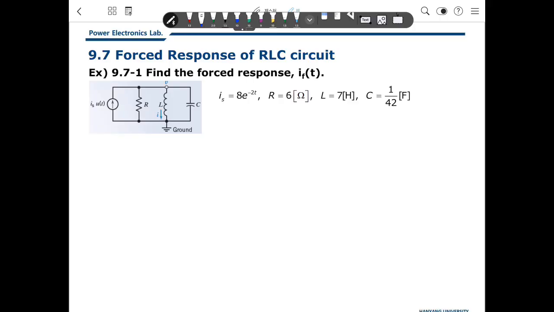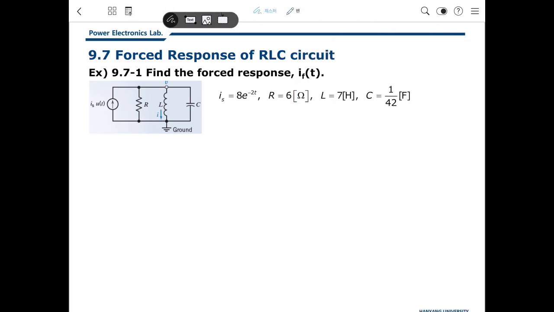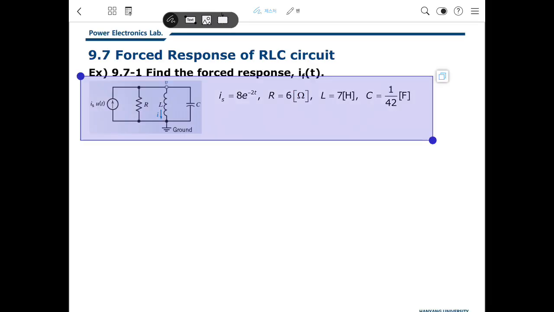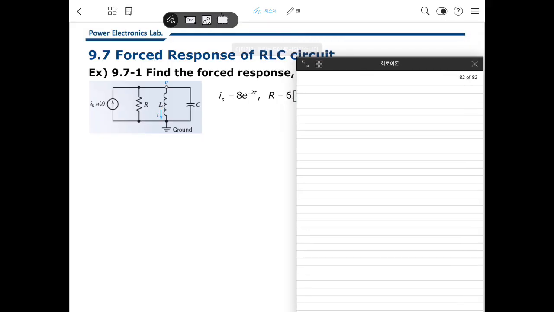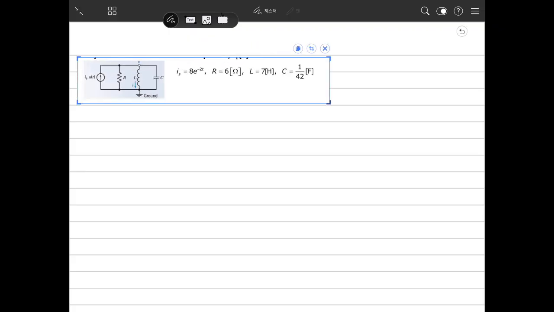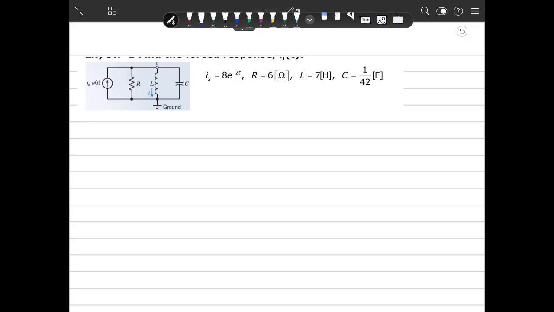This is an example. I will give you an example of this problem.